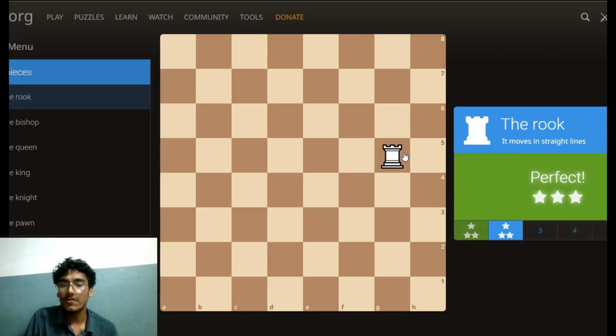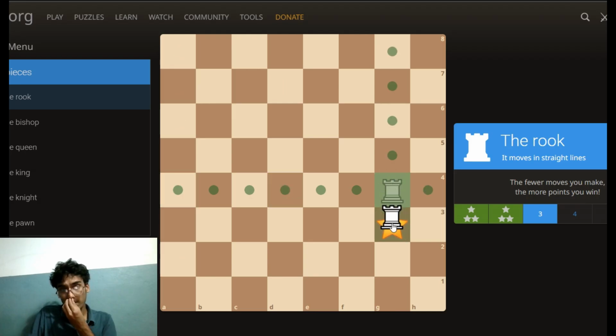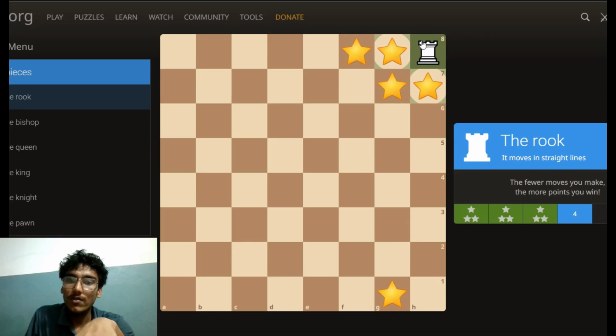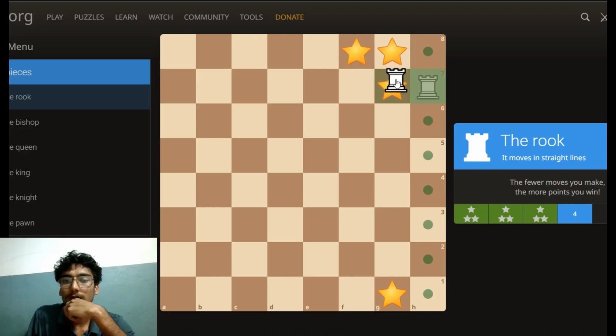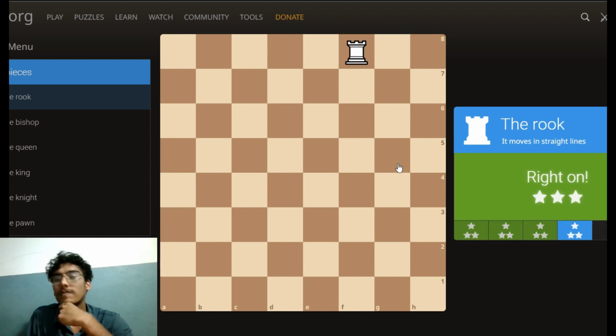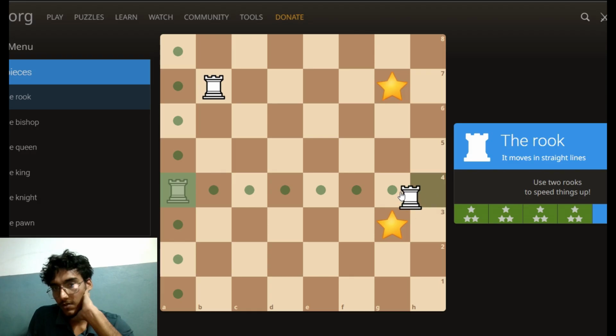Here is an exercise you can do: cover these squares in the quickest way possible, in the minimum moves. So you can learn how the rook works.